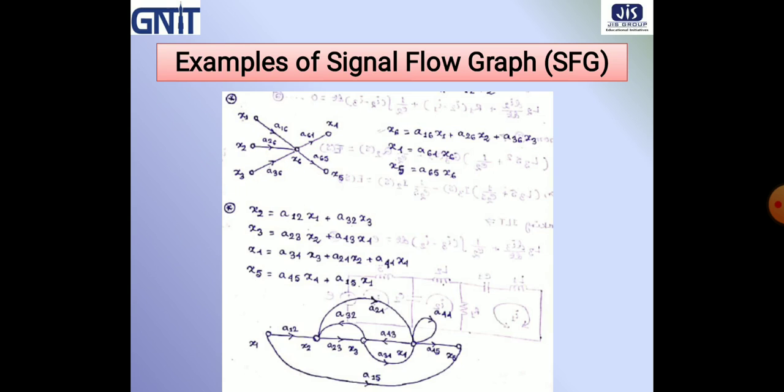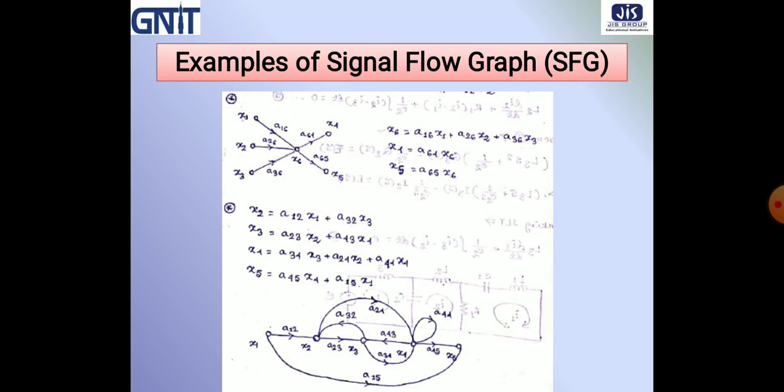So when we calculate the value of x6, we will consider only these 3 branches which are incoming to x6, not these 2 branches which are outgoing. So we can write x6 as x1 into a16 plus x2 into a26 plus x3 into a36. This will be the value of total x6.